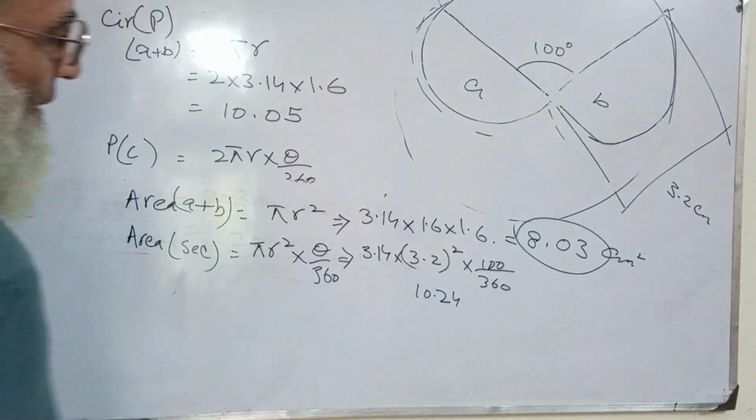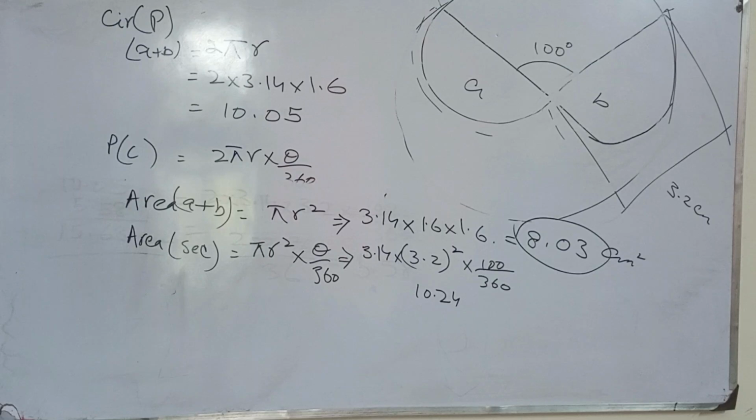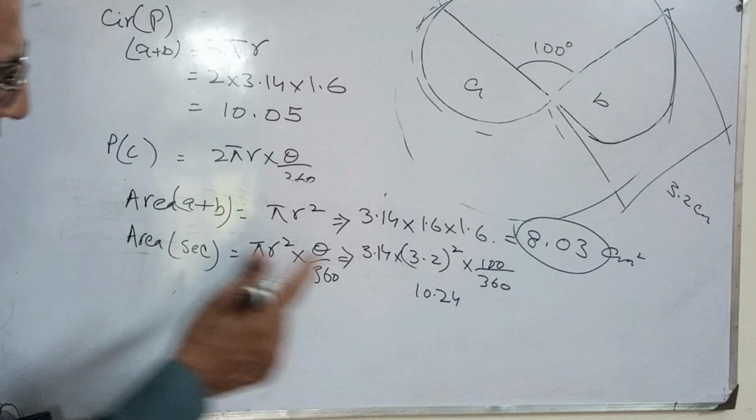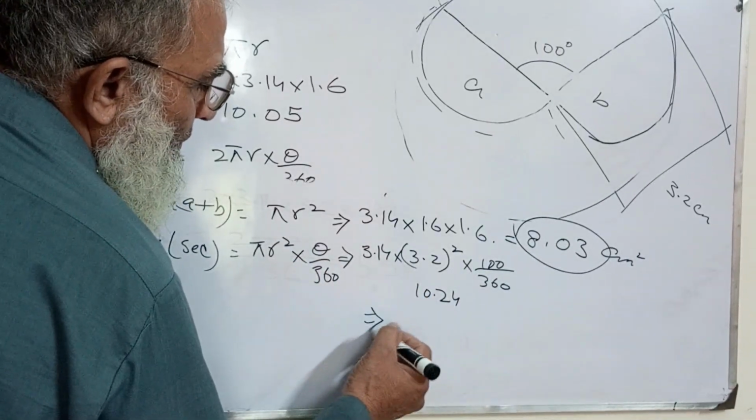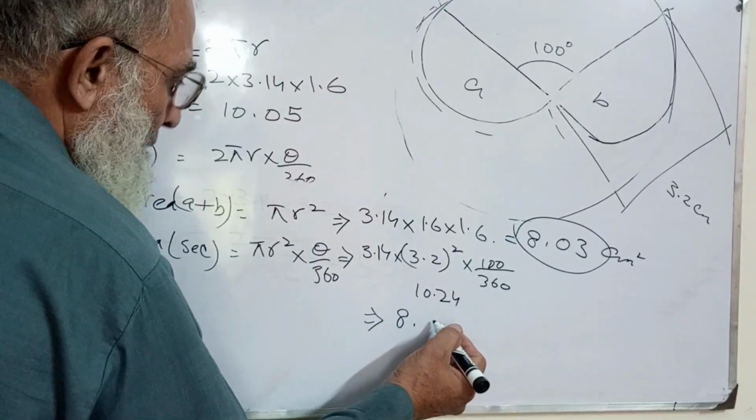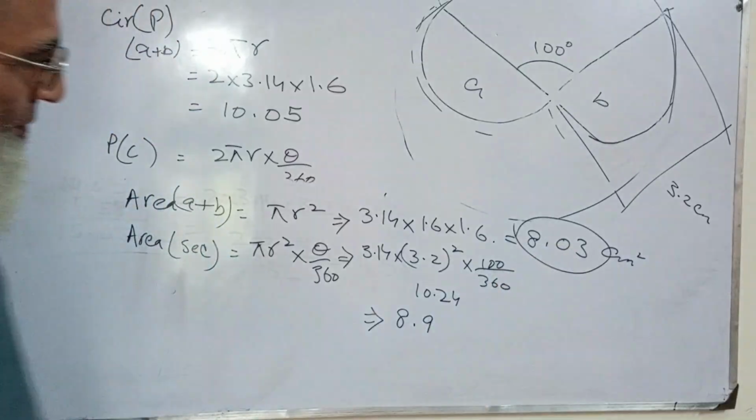The rest of the things are the same. So 3.14 multiplied by 10.24 multiplied by 100 divided by 360 comes to 8.9.